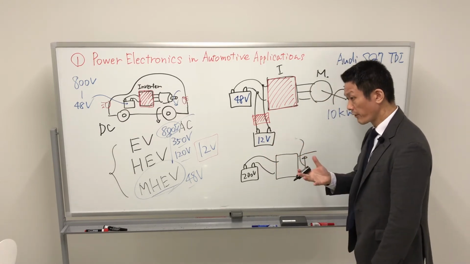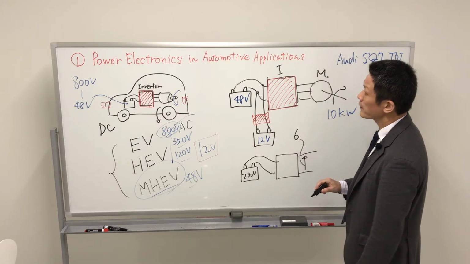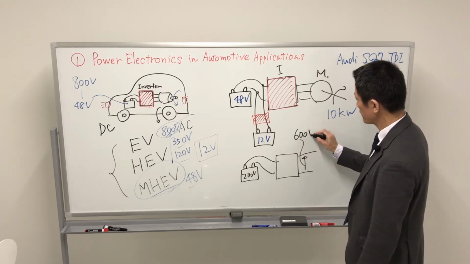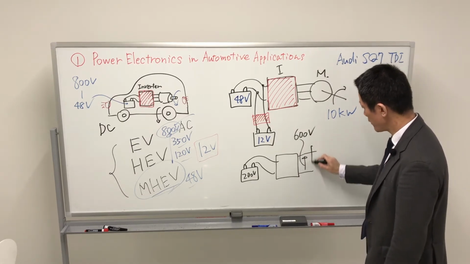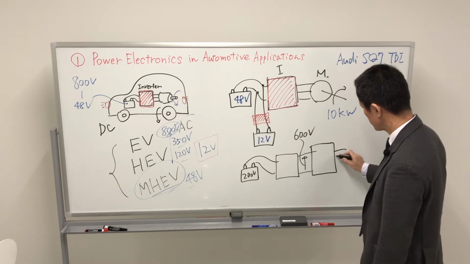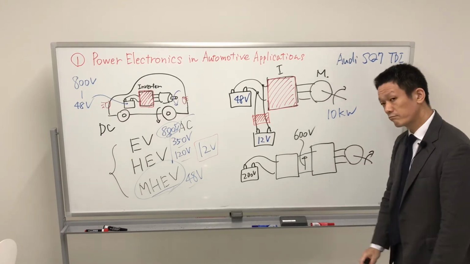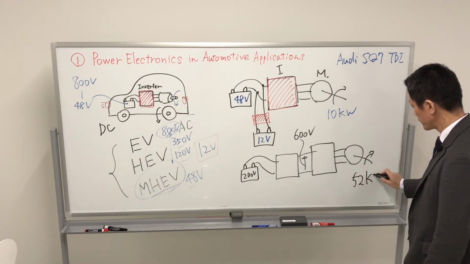And the third model is 640 volt, 650 volt, and the fourth model is 600 volt, and the inverter motor output power of the fourth model is 40 kilowatt.